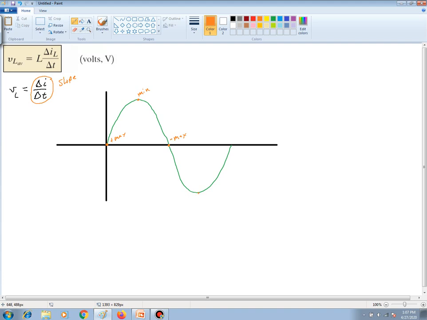And then if we took it right down here, the slope would be a minimum. Now, please don't forget that your slope is equal to your rise over your run, or in other words, your y over your x value.